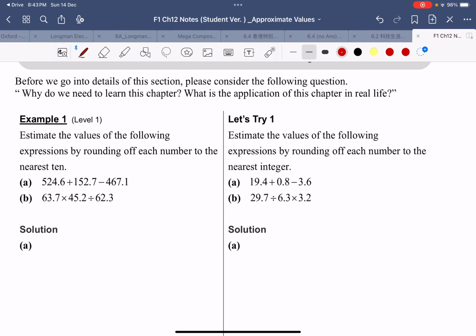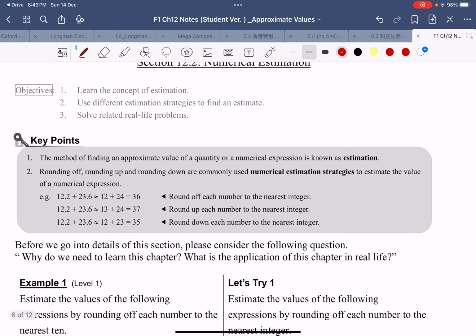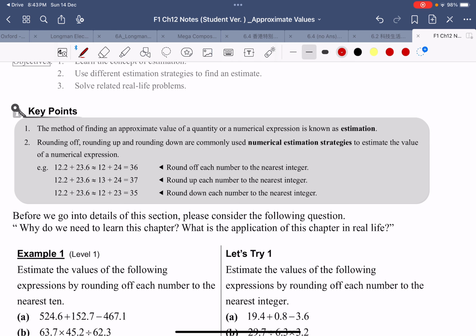Okay, for example, let's quickly go to this example. Let's estimate. We have two numbers we want to add up, this and this. But why don't we just leave out the numbers behind the decimal point, and it becomes 12 for the first number, and for the second number we're going to round it off, becomes 24.